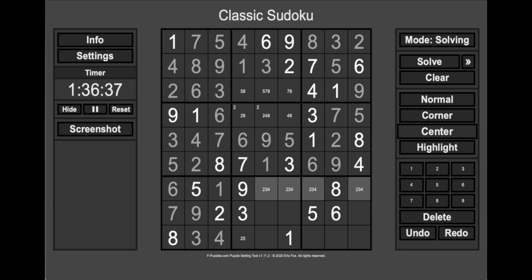I need 2, 3, 4, and 7 left. Now, this isn't 2 or 4. This one isn't 3, 4, or 7. This is 2. Okay, now that tells me this cell is not 2. It tells me this cell isn't 2.